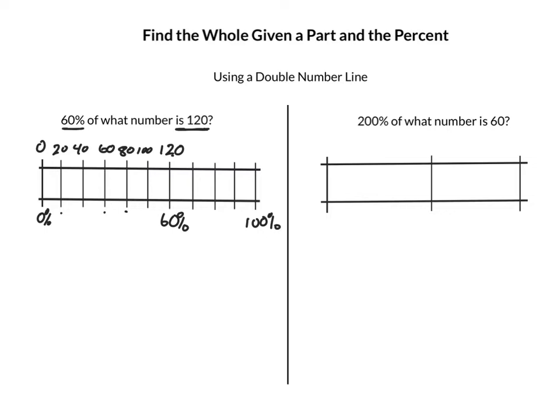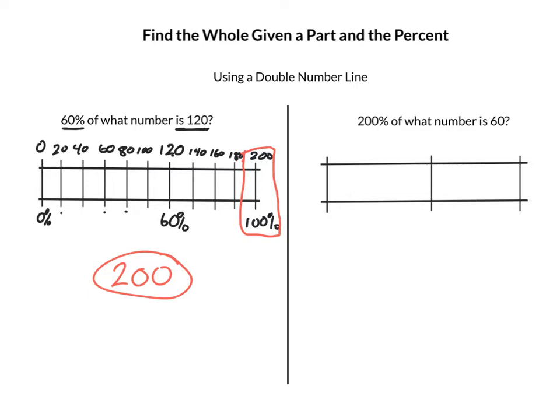We keep going to get to 100%: 140, 160, 180, 200. So this double number line shows us that our whole, or 100%, is 200. So 60% of 200 is 120.